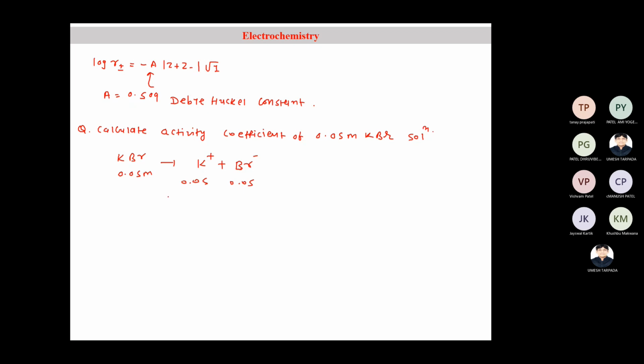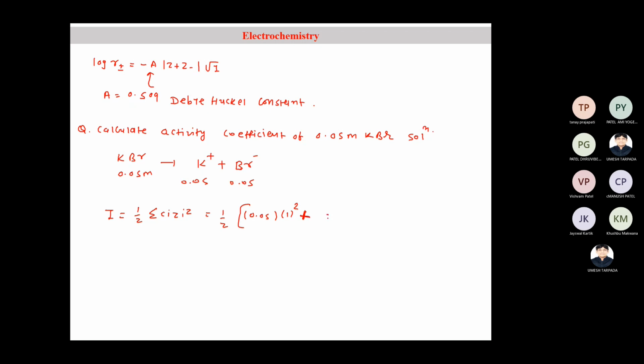So 0.05, 0.05. First you go for calculating ionic strength, which is equal to 1/2 sigma Ci Zi square. 1/2, the concentration is 0.05 and the charge on K plus is +1, squared. Then sigma means summation.